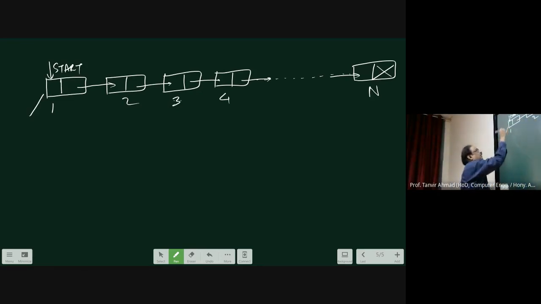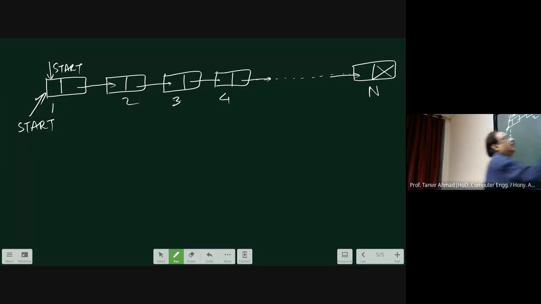The starting address is already given to you at the start. Now, the algorithm you have to design is to delete the middle node. If n is 100, let us delete the 50th node, or maybe the 51st. If it is 11, you have to delete the 6th node. If it is odd, you can directly find the middle. If it is even, it could be either of the two.